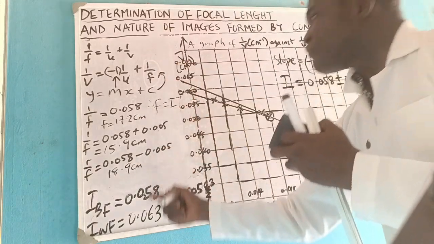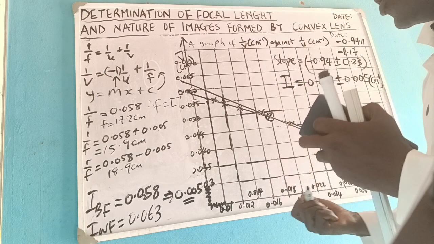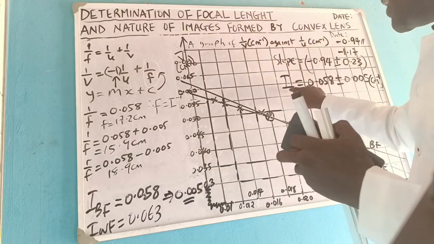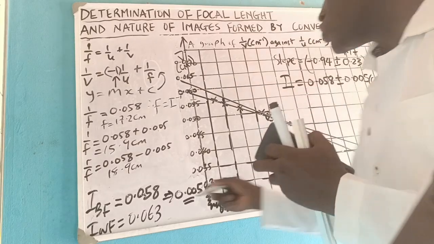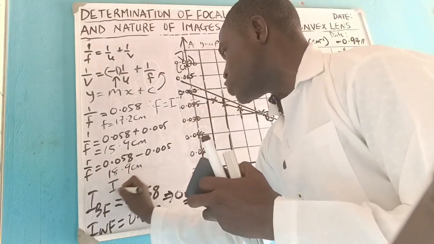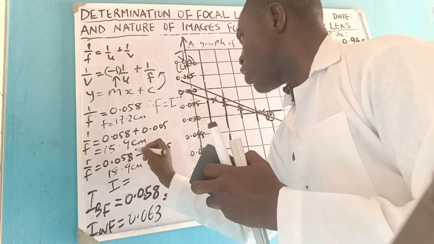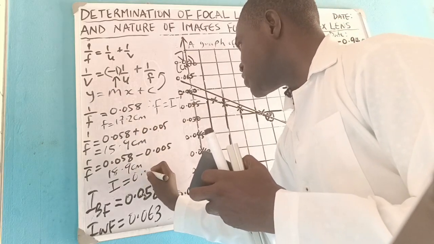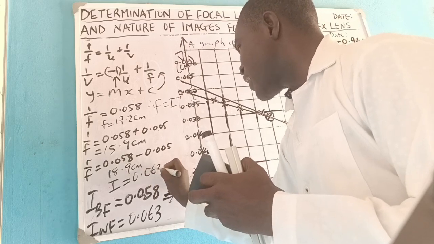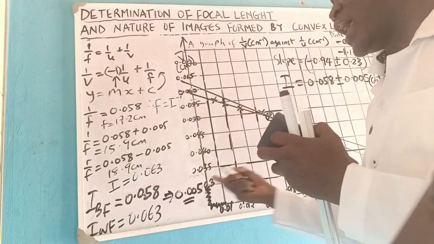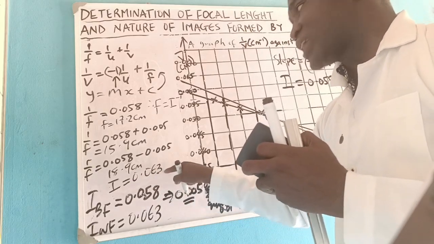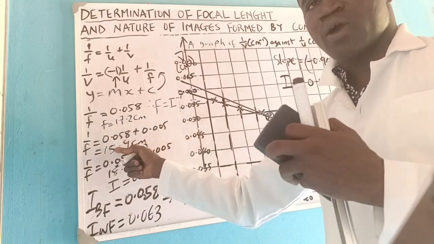From what you have here, I can deduce that finally my intercept should be equal to what? This plus this is what? 0.063. Are you getting it? In conclusion, my intercept is 0.063 because that is the one that is okay.